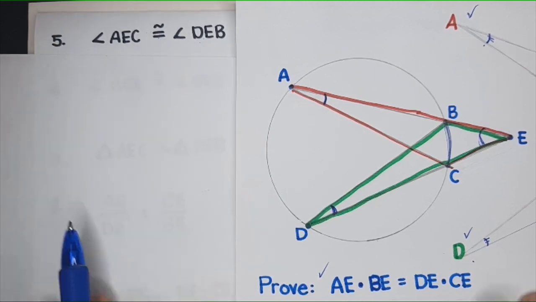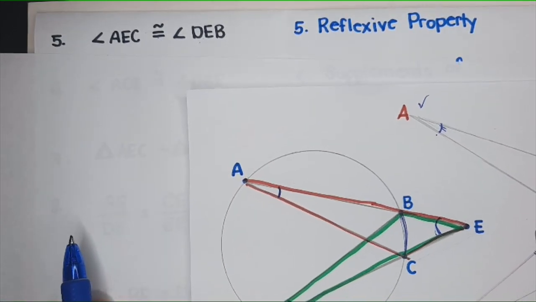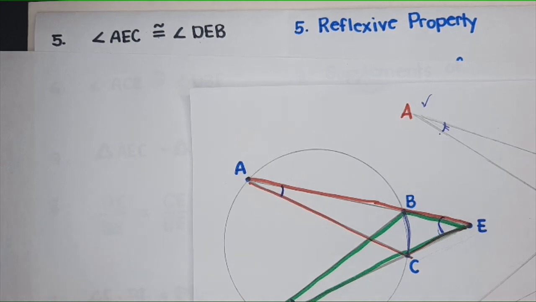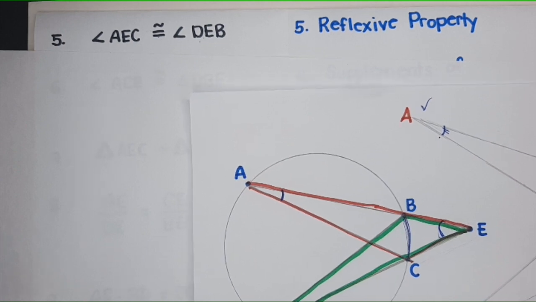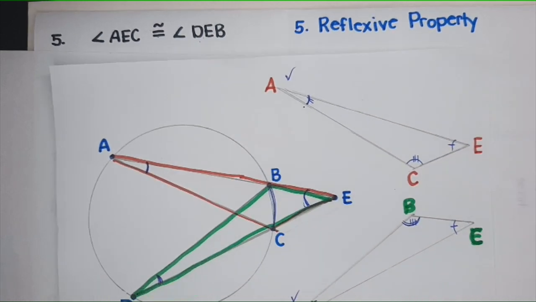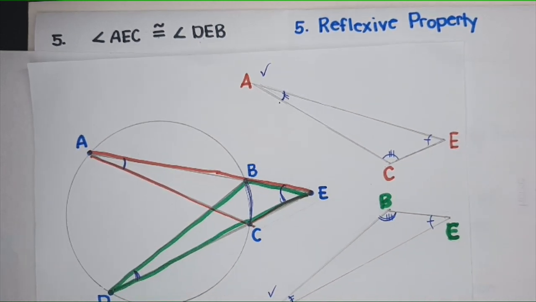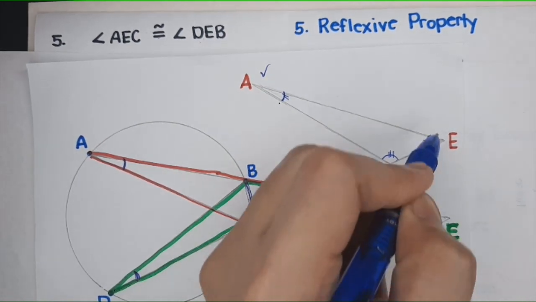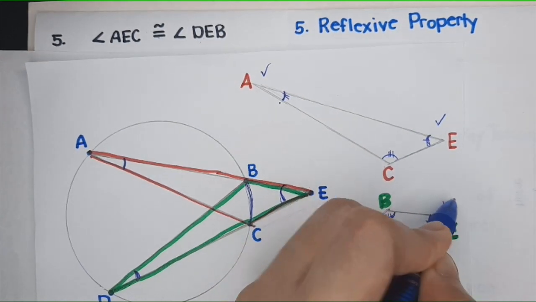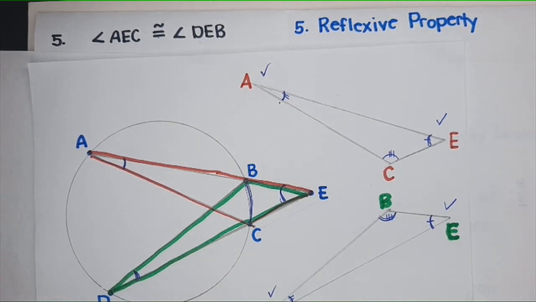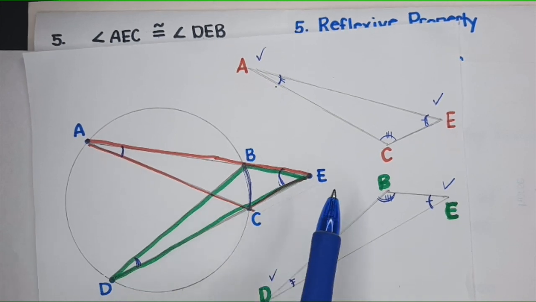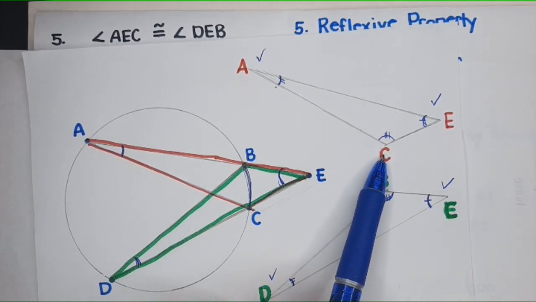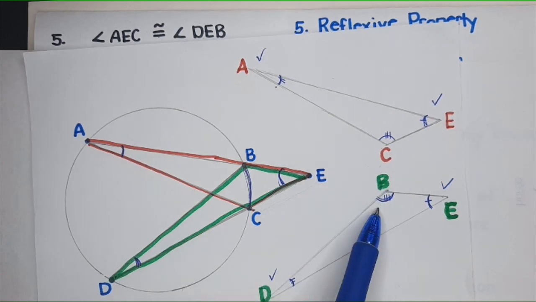It is justified by reflexive property of congruence. Any angle is congruent to itself. Siyempre, di ba? Okay? So, anong effect niyan dun sa two triangles na pinuprove natin na similar? So, let's go back. Nasaan yung angle E? Here. Okay? So, na-prove na natin that these two angles are congruent. Okay? So, ang natitira na lang sa atin is to prove that this angle is congruent to this angle.